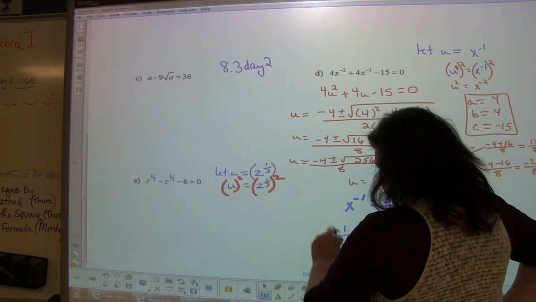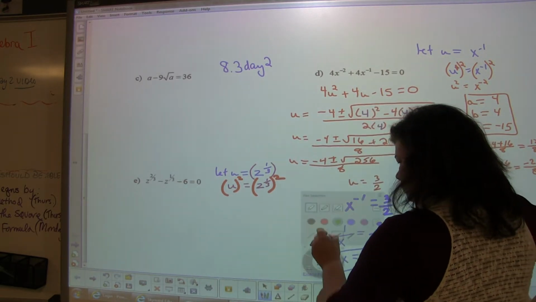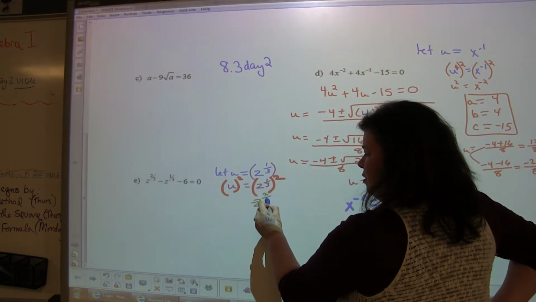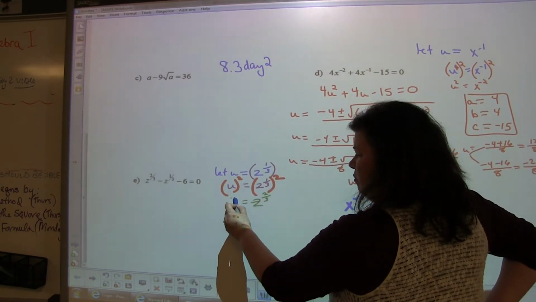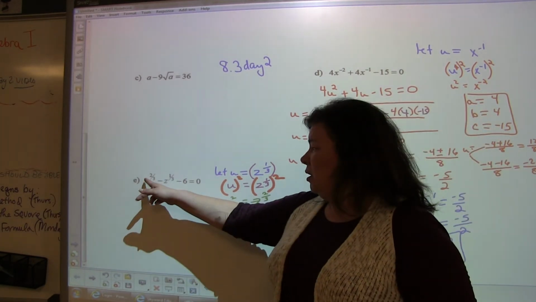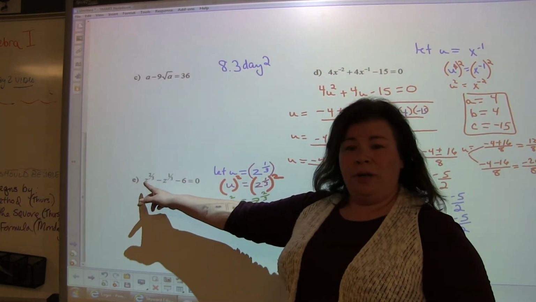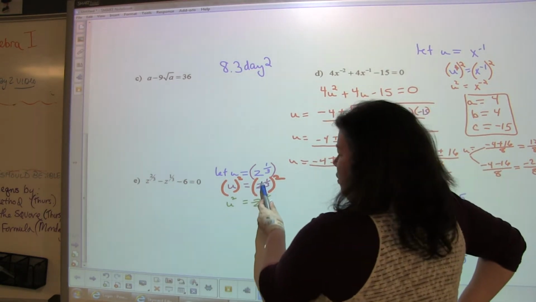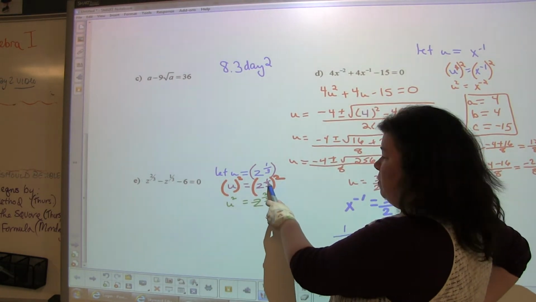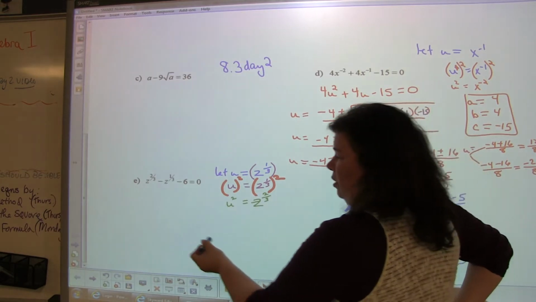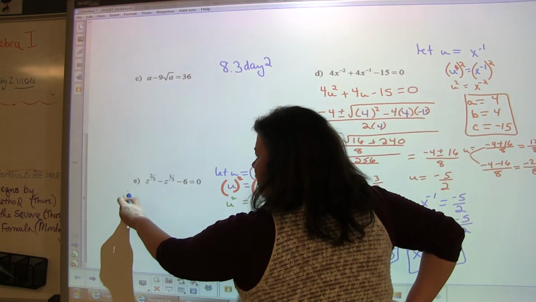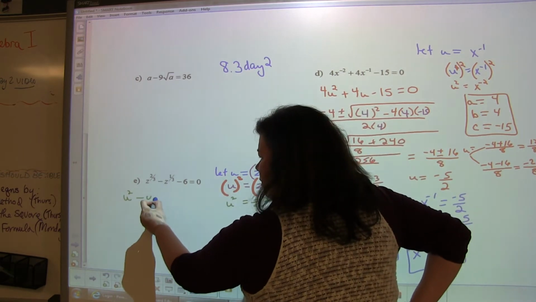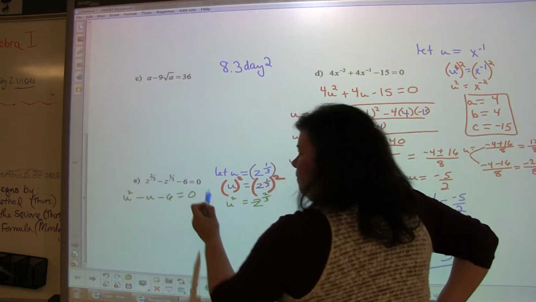That means we're really going to get z to the 2/3, which is equal to u squared. And lo and behold, we have z to the 2/3, so this is our u squared term. So remember, when you have a power raised to a power, you multiply the exponents. That's how we get 2/3. So this is really u squared minus u, since u is z to the 1/3, minus 6 equals 0.